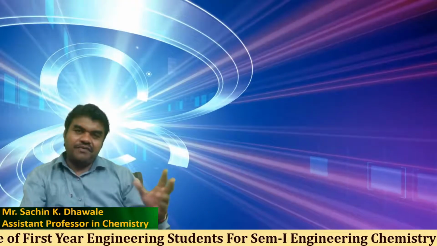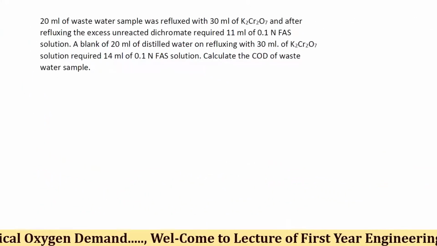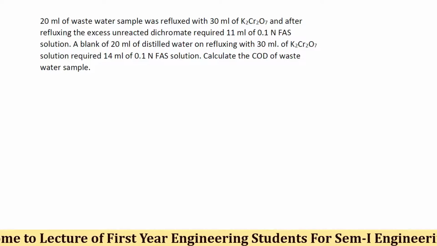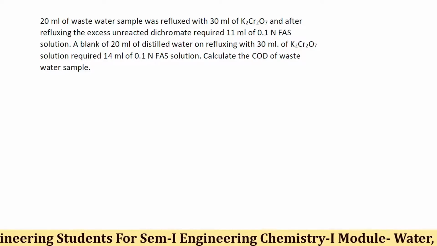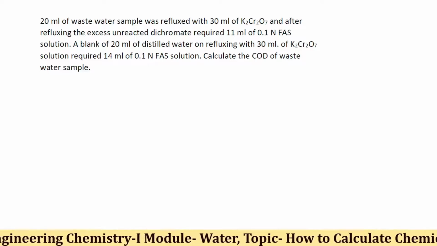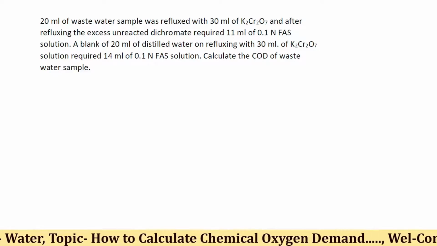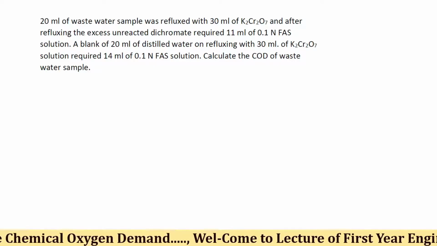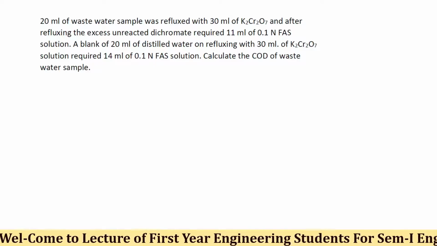So I am going for the first numerical. This is the first numerical related to chemical oxygen demand, that is COD. In this numerical, 20 ml of wastewater sample was refluxed with 30 ml of K2Cr2O7, that is potassium dichromate, and after refluxing, the excess unreacted dichromate required 11 ml of 0.1 normal ferrous ammonium sulfate solution.